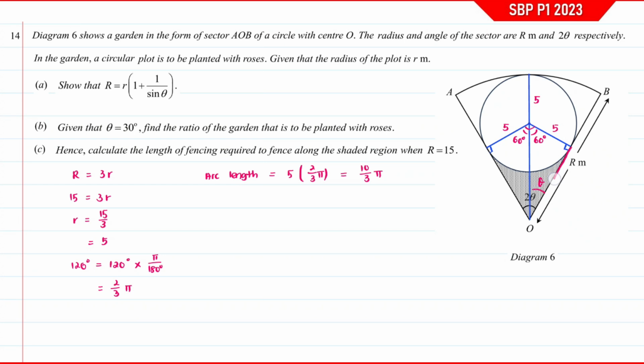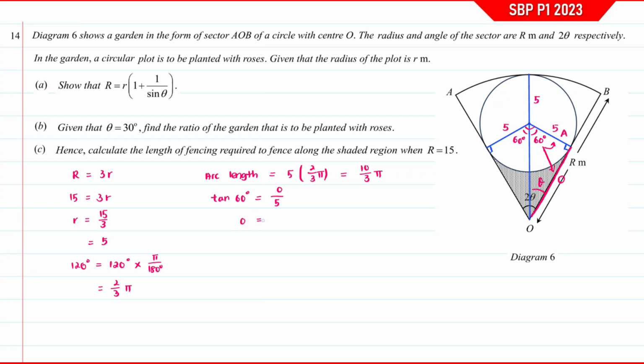Next, to find the length here, this length here is opposite this 60 degrees. And this 5, which is the radius, is adjacent to this 60 degrees. So here we can use tangent 60 degrees. This is equal to the opposite length over 5.